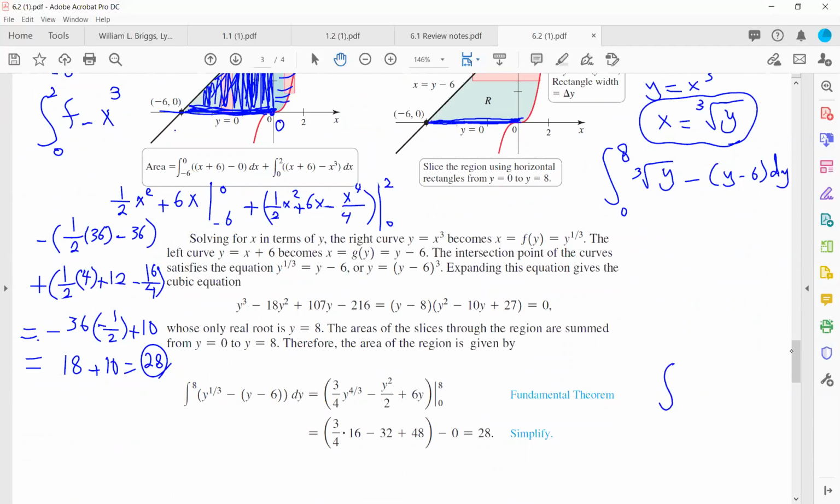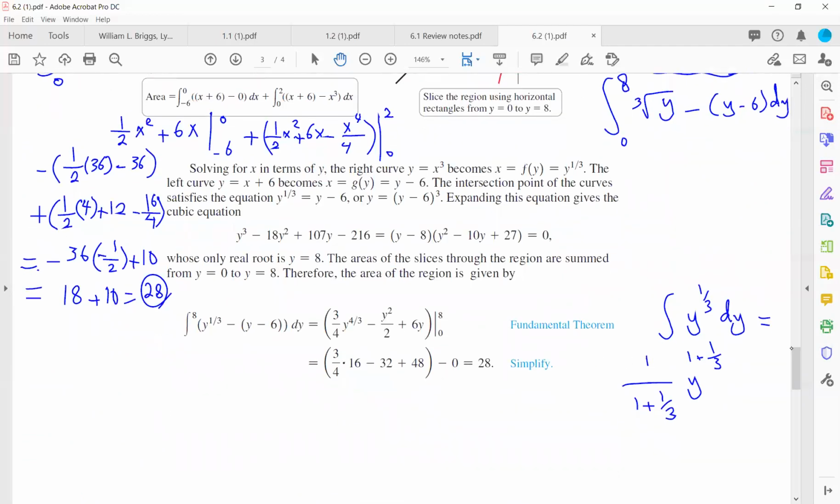The integral of y to a third dy is equal to, first of all, we have an exponent, 1 plus a third, which is equal to 1 over 4 thirds, y to the 4 thirds, which is equal to 3 over 4, y to the 4 over 3. The integral of y to a third is 3 over 4, y to the 4 over 3.